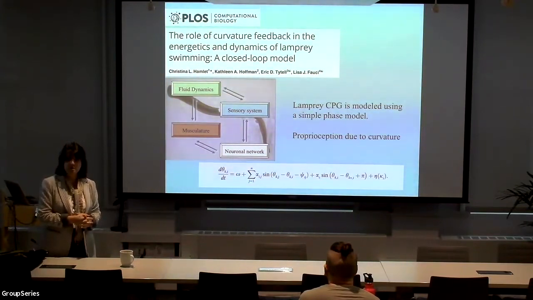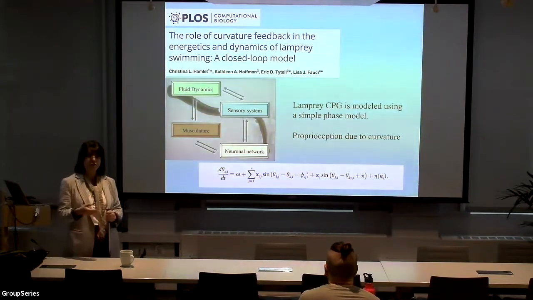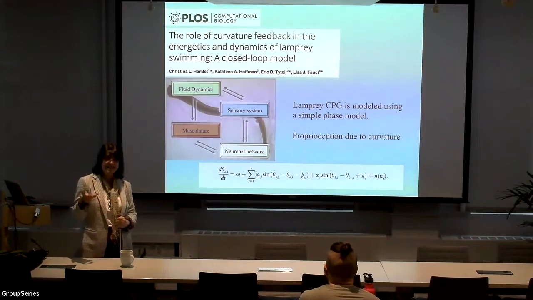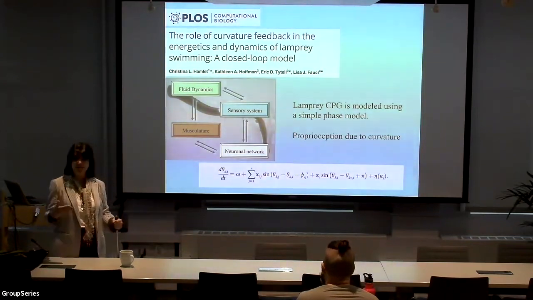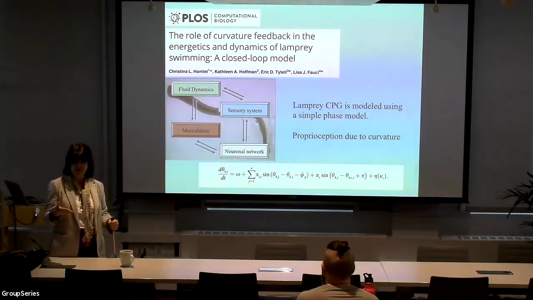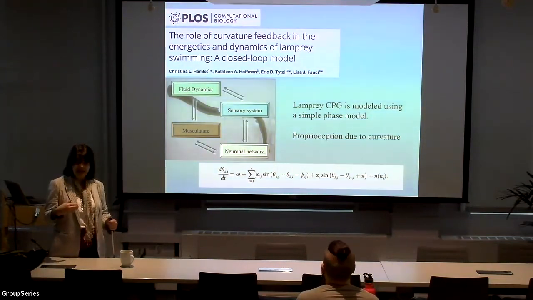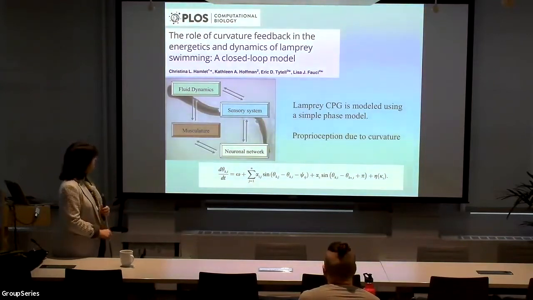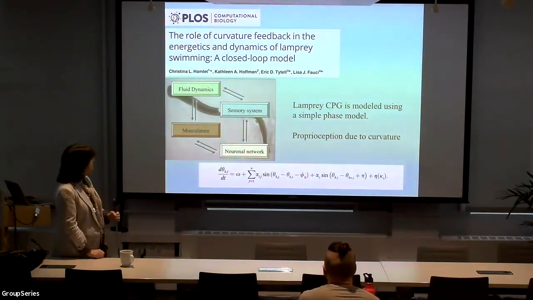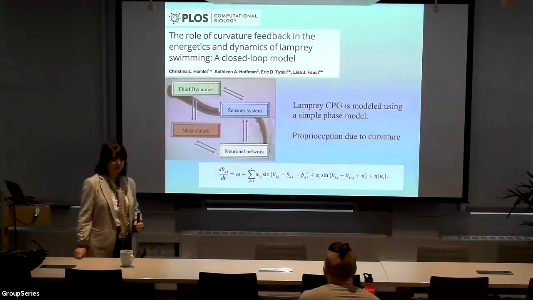And so swimming of a simple undulatory organism like the lamprey is a good example. One could measure the emergent waveform and swimming performance. And on top of that, the lamprey that I'm showing you here is a nice model organism in the sense that it is the most basal vertebrate.